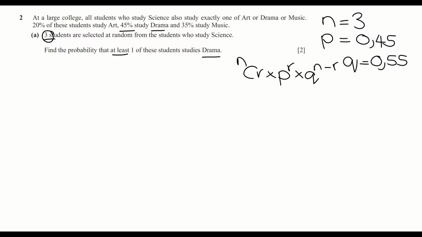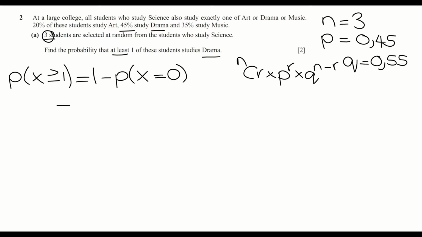But in your exam, you do not have a lot of time. So in this case, I can say the probability that X is greater than or equal to 1 has to be equal to 1 minus the probability that X is 0. No students study drama. And I'm going to use 0 as my r value.